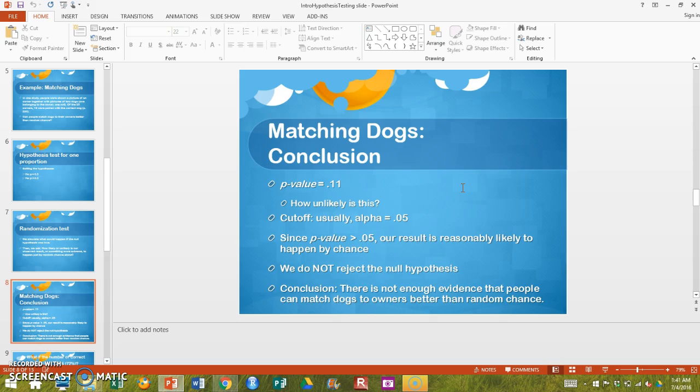The cutoff for statistical significance that we tend to use in statistics is 0.05. We call this our alpha level. Our alpha level is the probability level that determines statistical significance.